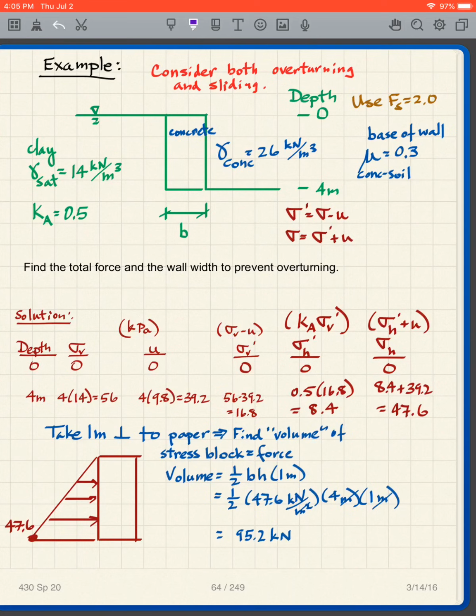Okay, now I know how to do this. So the next part is that to get my sigma h prime using my basic definition, that's Ka sigma v prime. Why is it Ka? Because this is the active region. In other words, we are assuming that the wall has been built.